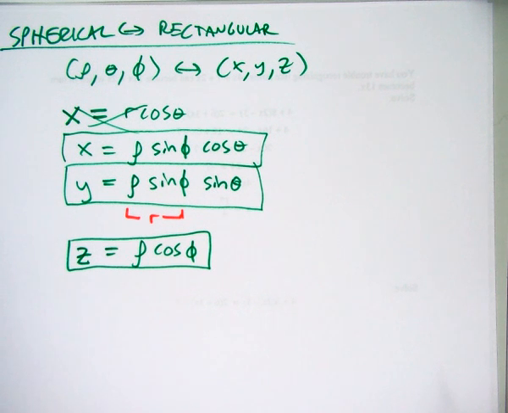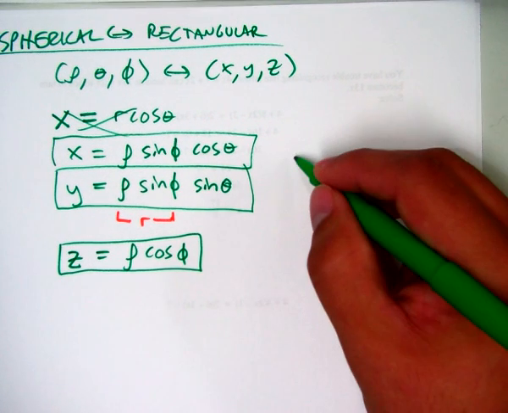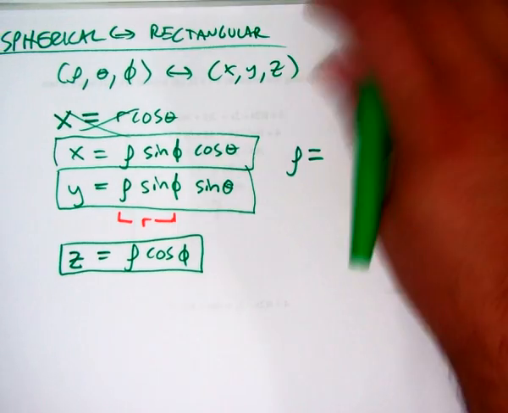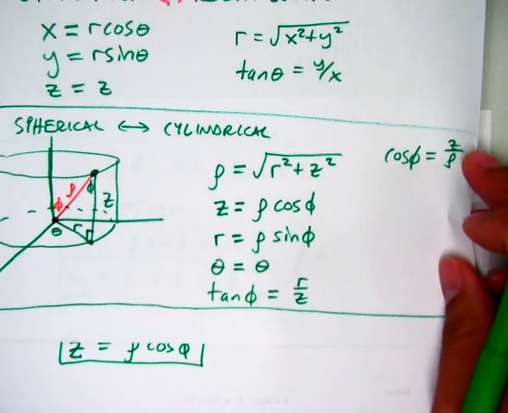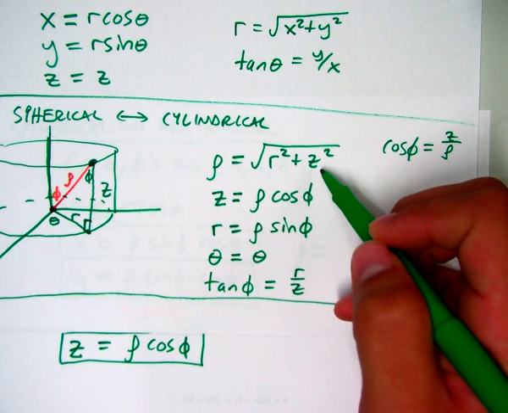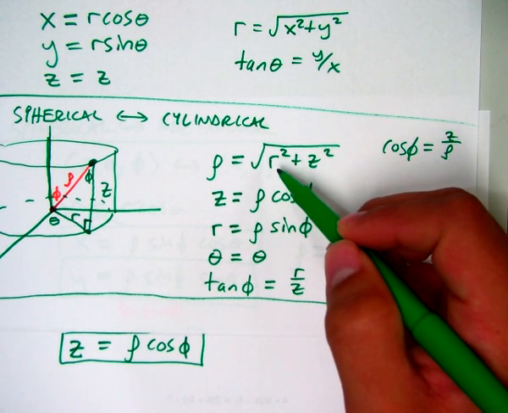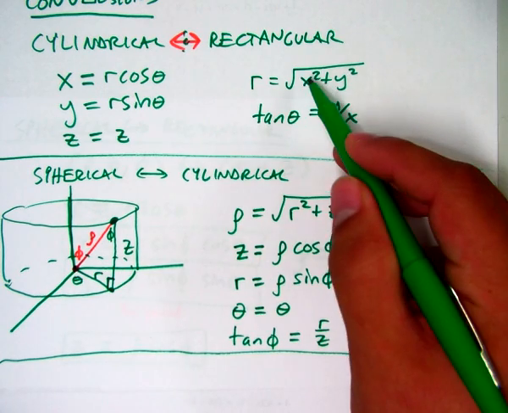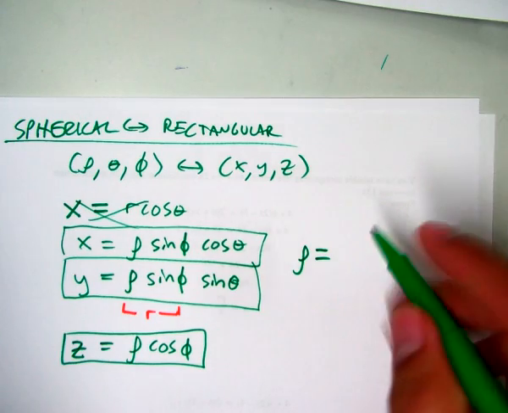Now, let's talk about rho. Rho was the square root of r squared plus z squared. So now we're going back the other way. Well, what's r squared? r is the root of x squared plus y squared, so r squared will be x squared plus y squared.